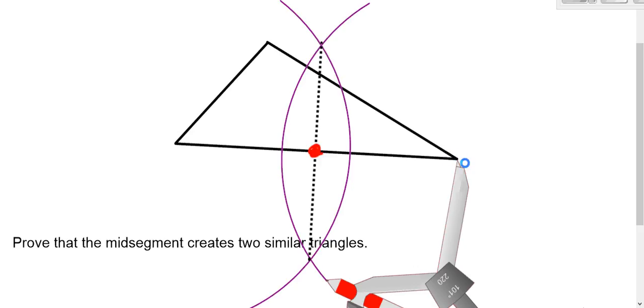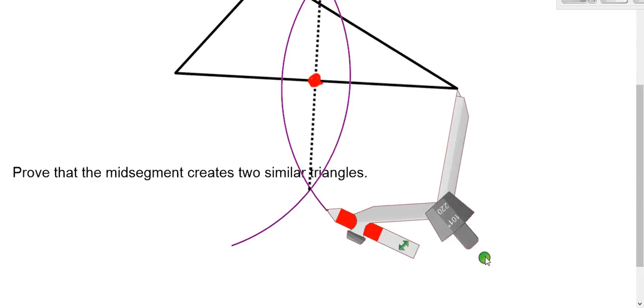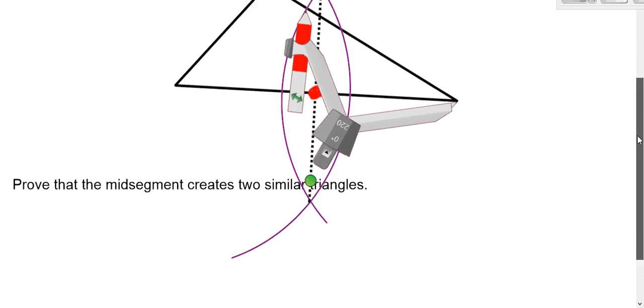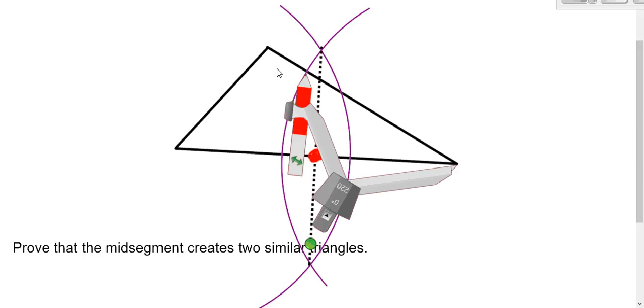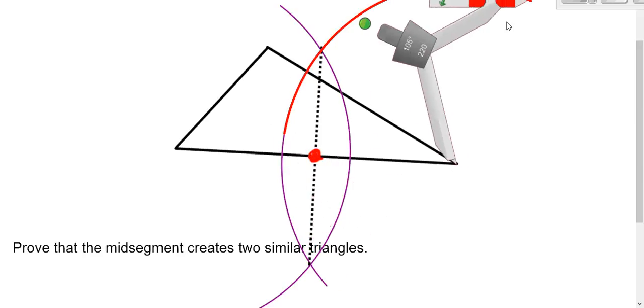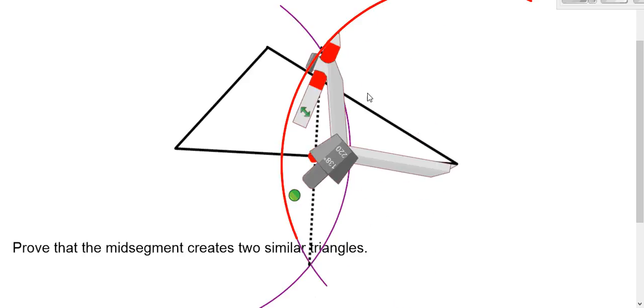So now we already have one midpoint. We need to find another. So since we're already on this vertex, as long as we are stretched more than halfway, which we are, you can adjust your compass if you want to. I don't want to. I'm just going to keep it. Draw a semicircle here.